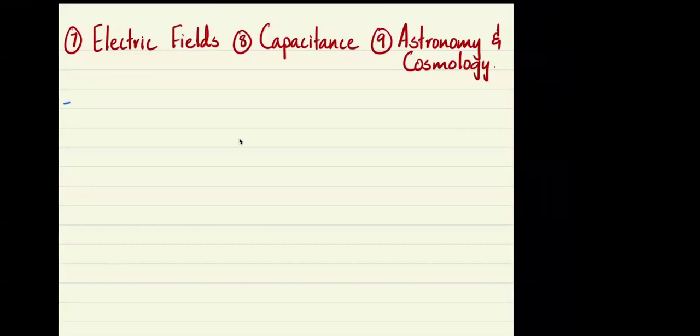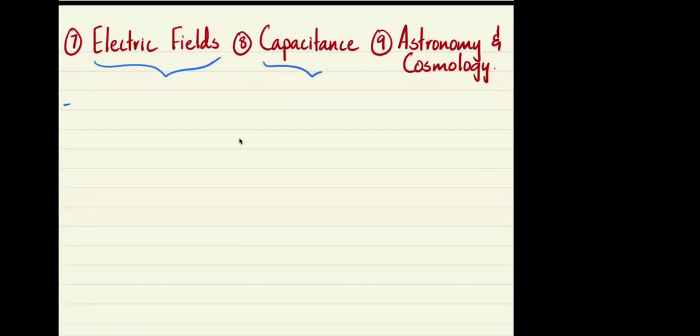There are more graphs here than with gravitation, because with gravitation you can only have one type of mass, so it can only attract. But with electric fields, the charges can repel as well, so you can have a lot of types of questions. We'll be looking at some of these.